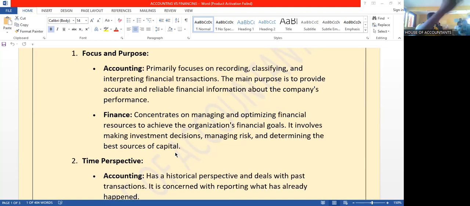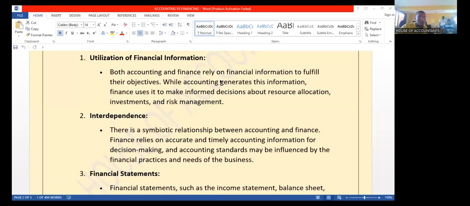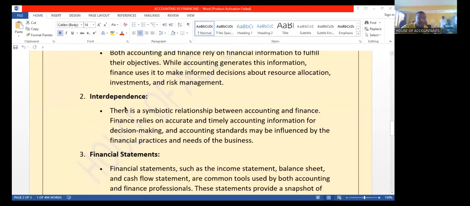So we now forecast. If we are making this profit now, if we are having all this cash flow now, what cash flow are we likely to have in the next 3 years? Then interdependence. There is a symbiotic relationship between accounting and finance, like we discussed.